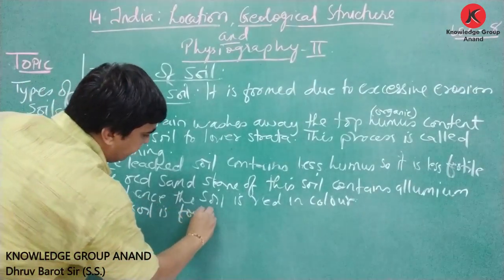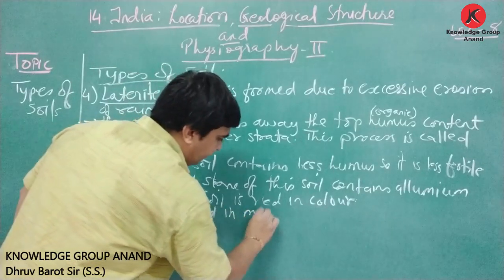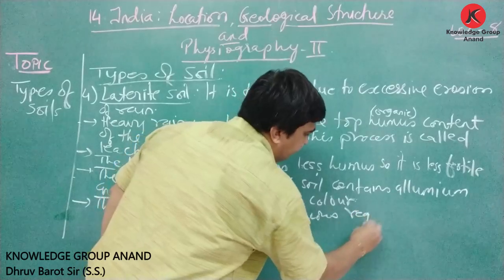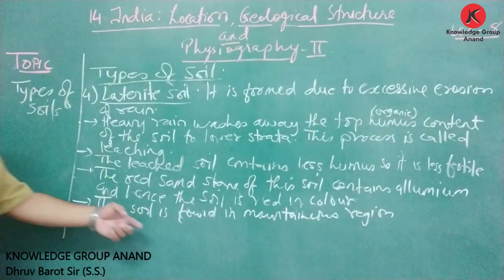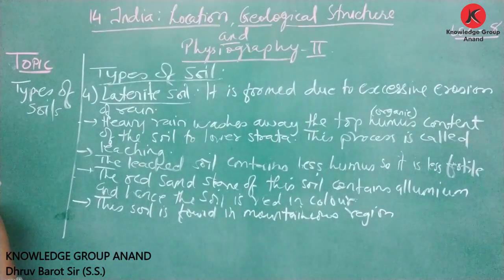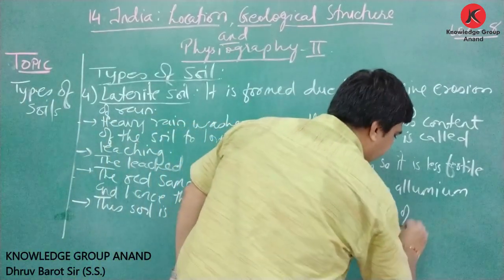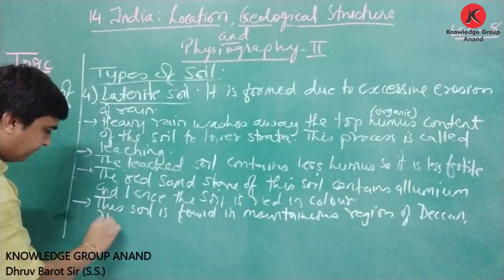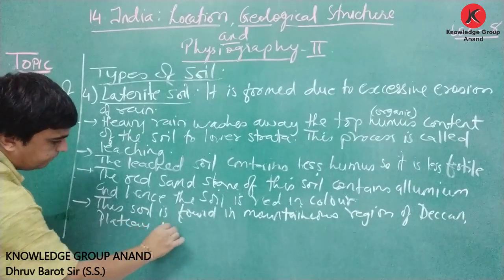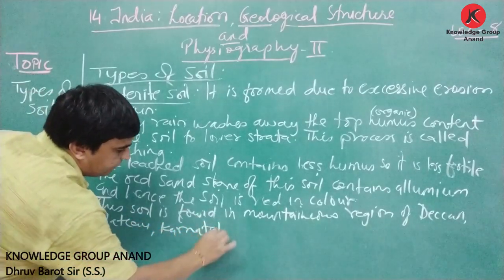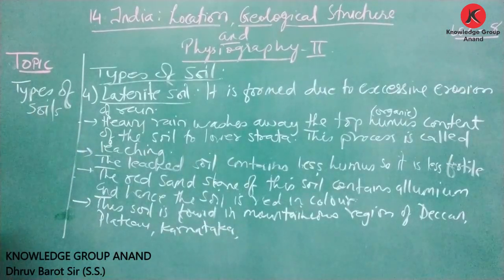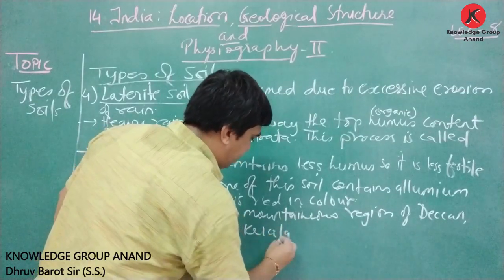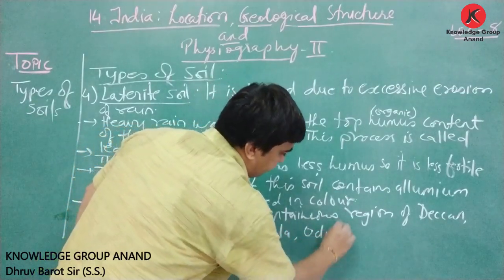It is found in mountainous region. This soil is found in the mountainous region of Deccan Plateau, then Karnataka, Kerala, Odisha.